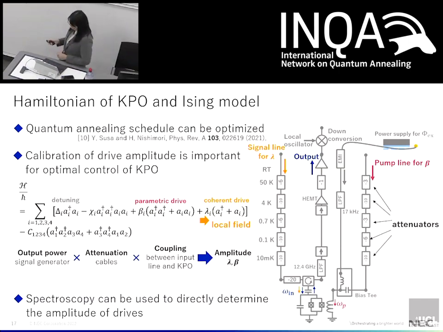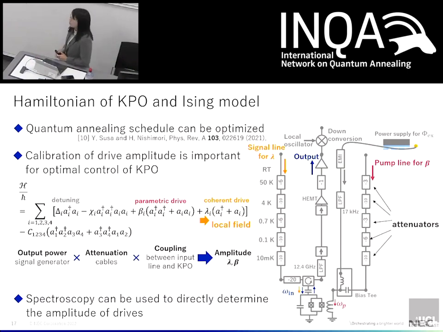In our system, the controllable parameters are detuning, parametric drive and coherent drive. Among these parameters, detuning can be determined relatively easily because it's determined by the difference between the frequency of the drive signal and the resonance frequency, which can be measured as shown in the previous slide.